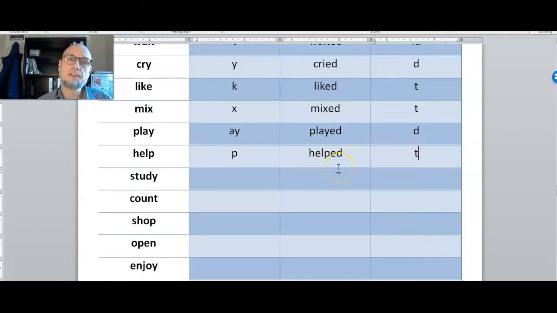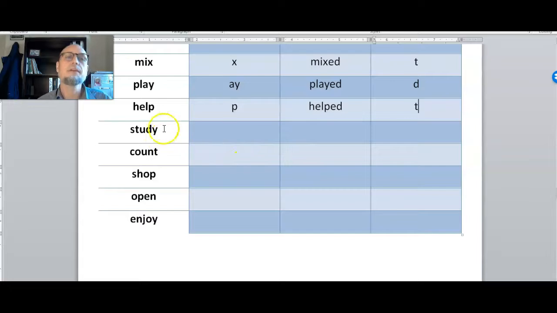Pronunciation, helped. Here's a verb, study. The last sound is e, so we could write that like this. E is voiced. Voiced goes with d, so the last sound would be d.